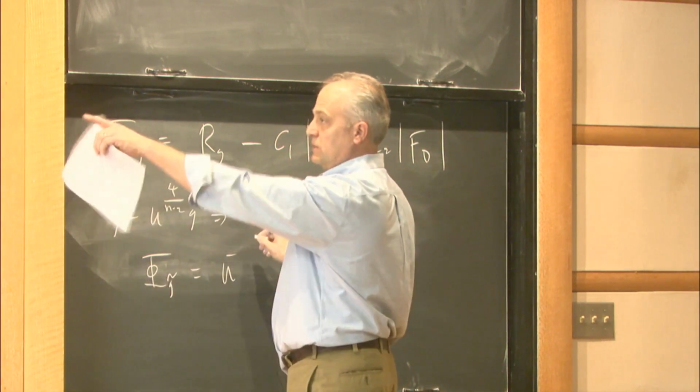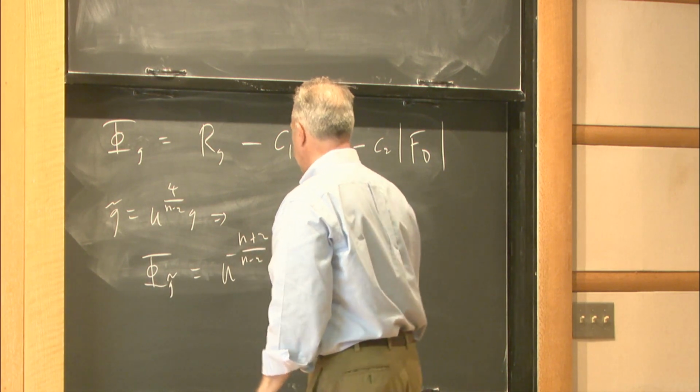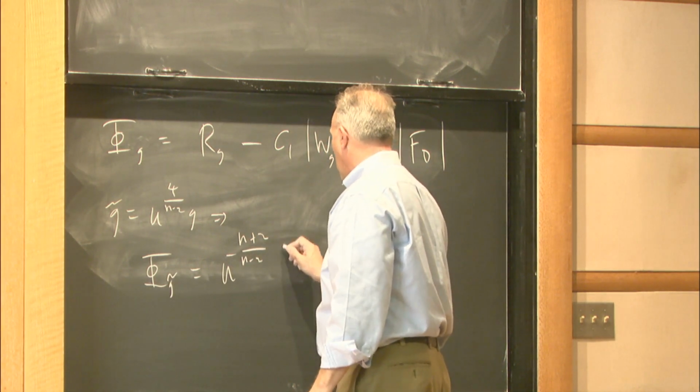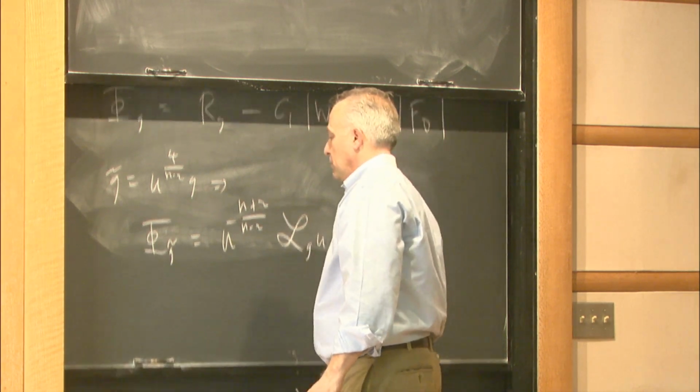So if you compare with the formula over there for how the scalar curvature changes, I put the same power here, and I'll put an operator, let me call it script L. What is script L?